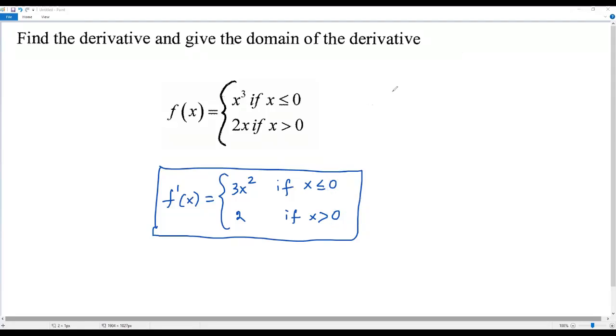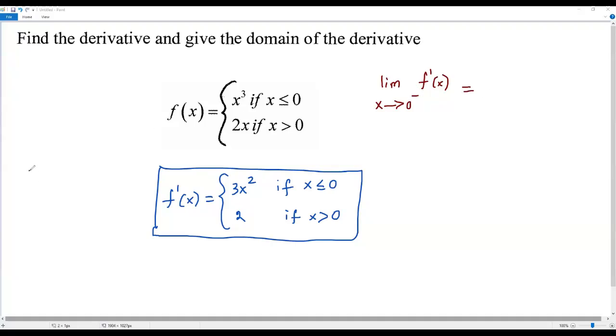First let me take the left side limit of 0 for f prime of x. So limit x tends to 0 negative f prime of x. Here there is a negative sign on the right side top corner of 0. It indicates that x approaches 0 from its left side. That is, it's a left side limit of 0.